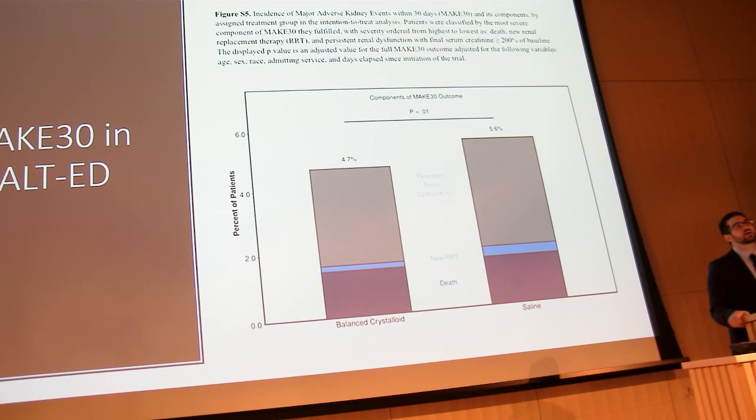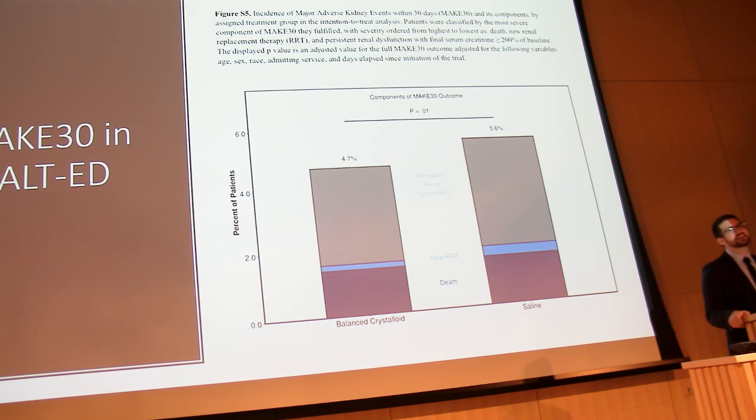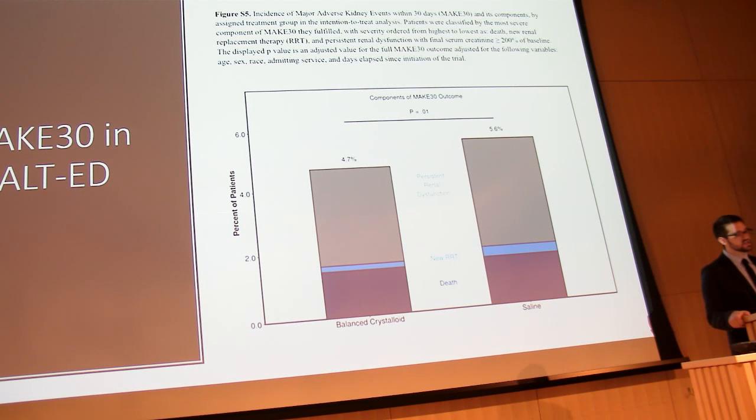So again, remember, with composite outcomes, we need to look at what is driving that change. And what the authors postulated was driving this change is that those with renal dysfunction, either pre-existing or at presentation, or who already had hyperchloremia, had the greatest to gain from lactated ringers in terms of difference in MAKE30.